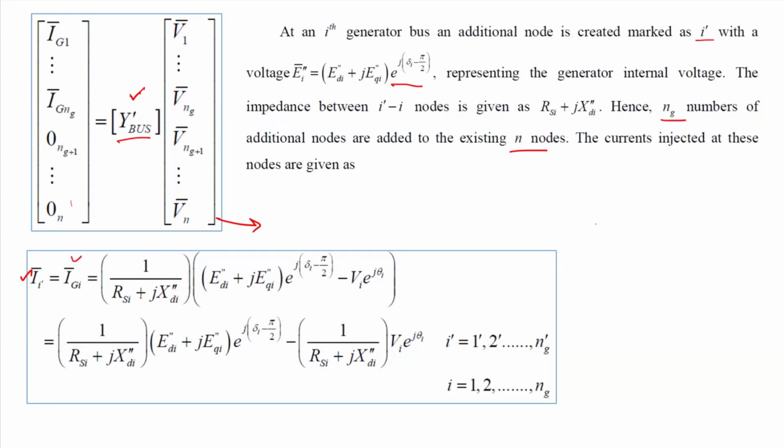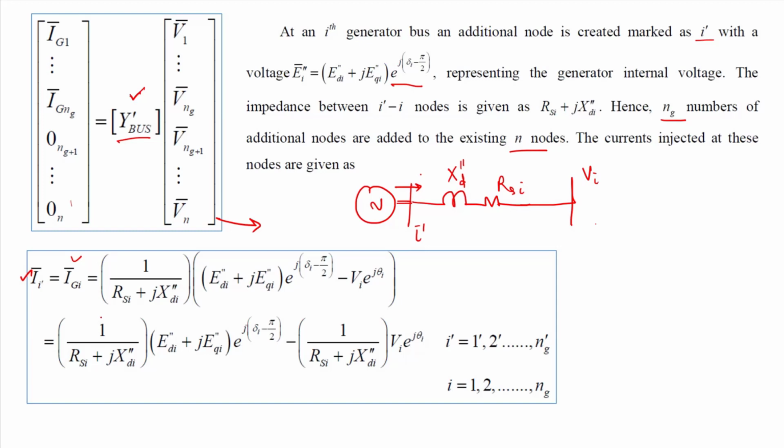Let us make a diagram: this is your generator terminal, which is connected through Xd double dash and Rsi to the i-th bus, Vi, and this is your i dash node of the generator, right? So whatever current we are injecting, that is i dash, is equal to IGi.